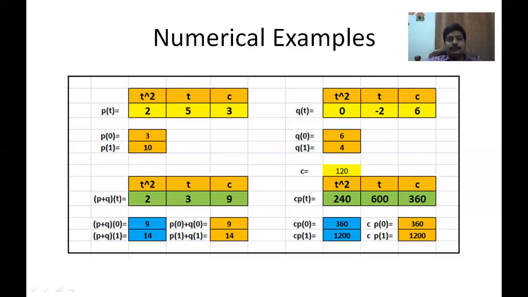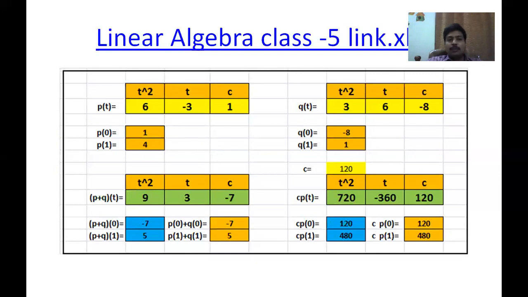Let us take one more example. I have taken a different p and a different q here. Both are added here. This is p plus q. These are the values of p plus q at 0, and this is the value of p plus q at 1. And these are the values after adding these two separately: p of 0 plus q of 0, and p of 1 plus q of 1 here.